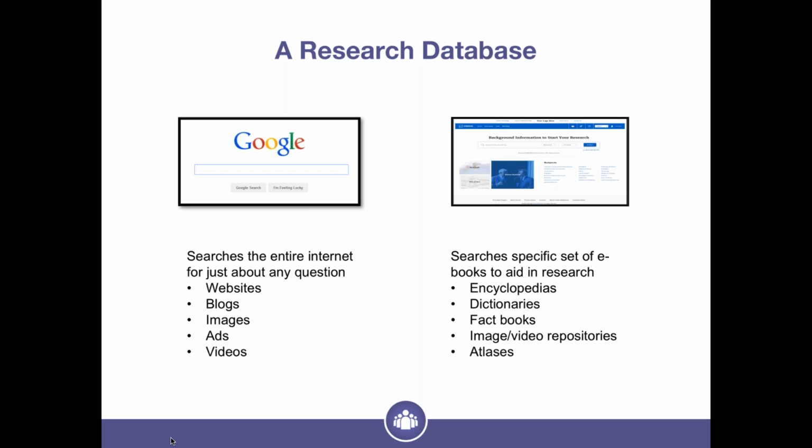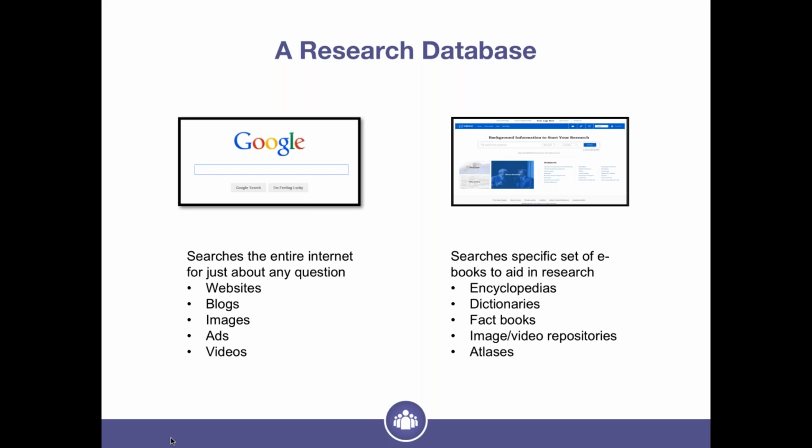When you search Google, you're searching the open web, you're searching websites, blogs, images, ads, videos, everything is thrown into Google results. With Credo, you are searching a specific list of 800 encyclopedias, dictionaries, atlases, etc. Academic resources, written by academic publishers, vetted by publishers, and it's not editable.